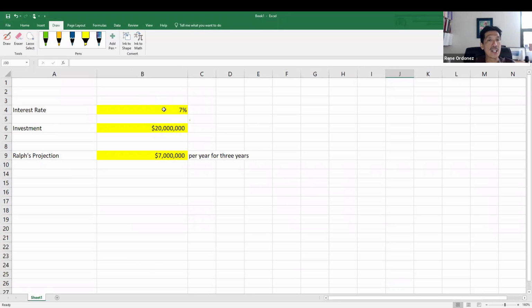Okay, here's the 7% interest rate, and then the investment of 20 million, and Ralph's projecting 7 million per year. So maybe one way of evaluating this is to say, if I invested this 20 million at 7% per year, how much will this 20 million be at the end of the 3rd year?